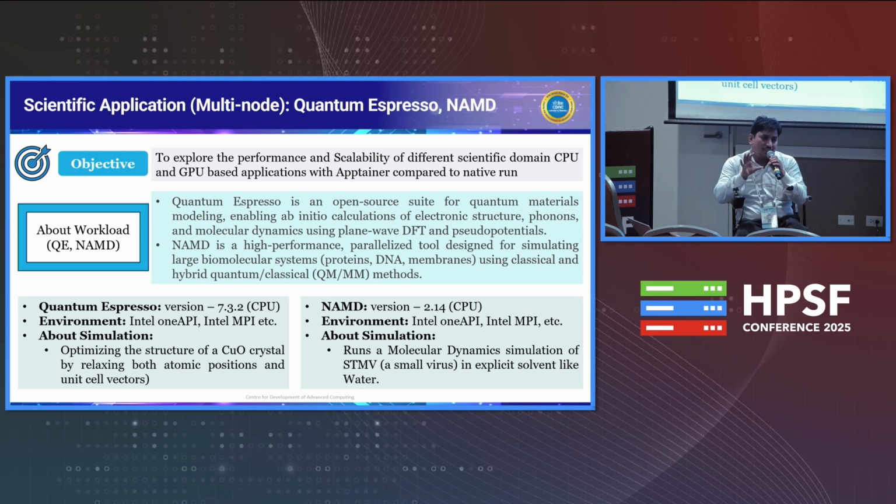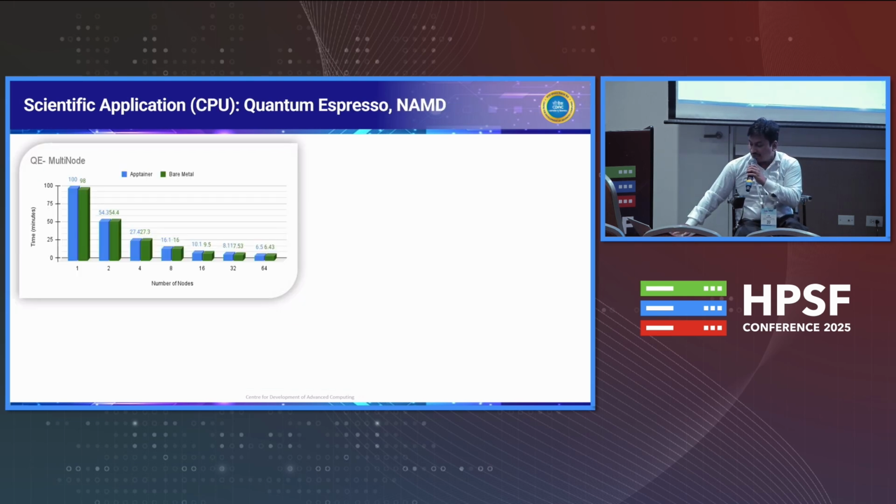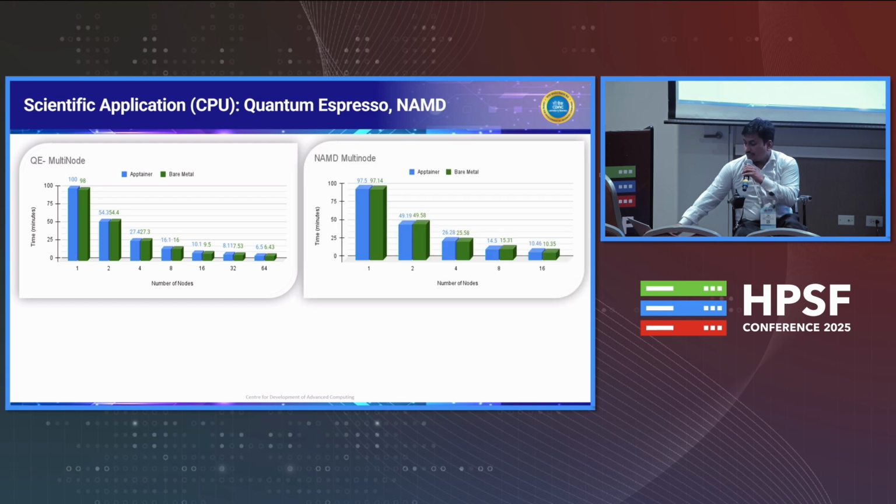So this was just a bit about that simulation, and we tried to run this workload on the bare metal system and compare the performance. With the Quantum ESPRESSO application as well as the NAMD application, you can see two main observations. One: whether it gives near-native bare metal performance or not.